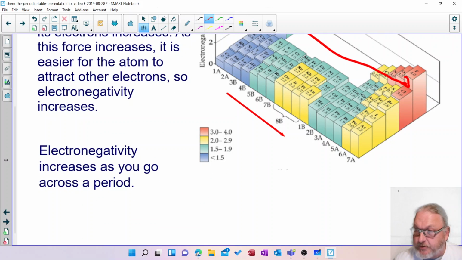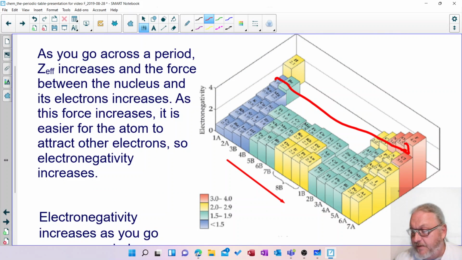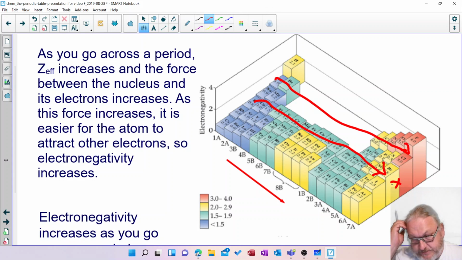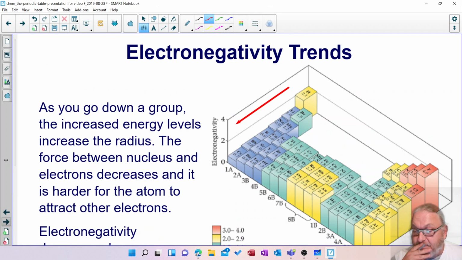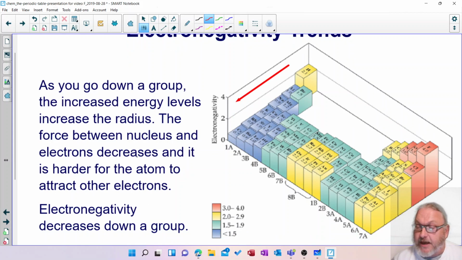So as we go across a period, electronegativity increases. Now, as we go down a group, we've got more energy levels, which increases the radius.